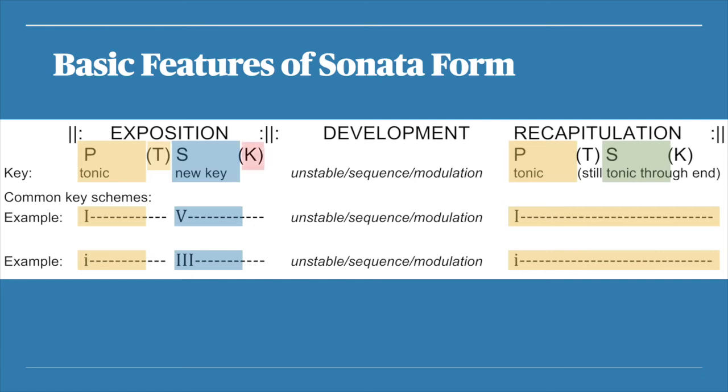And it's also possible to have a closing theme, which we denote in our form diagrams with a capital K. When these come back in the recap, a lot of times the transitional theme is abridged or changed because we don't need to transition really, at least not for any harmonic reason. And typically the closing theme will be restated when we have one, except, you guessed it, it's not going to be in the key it was in the exposition, but rather it will be transposed to tonic for tonal resolution.